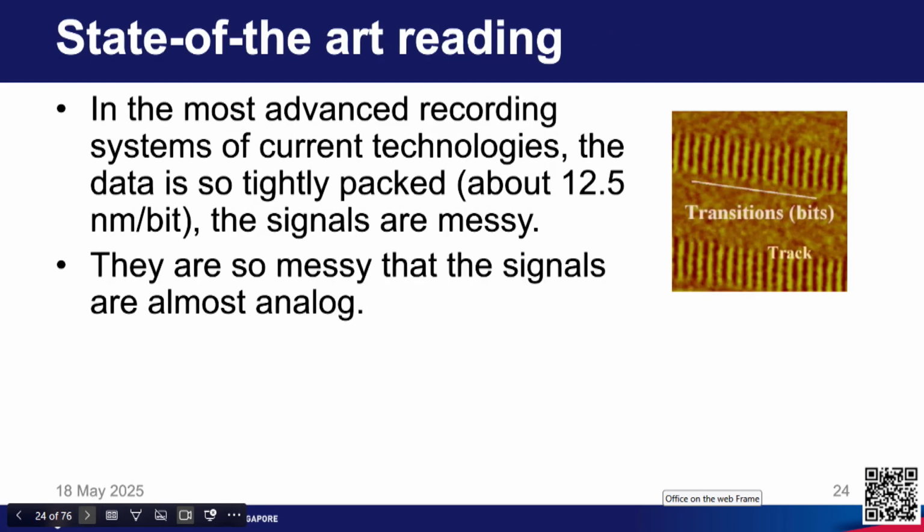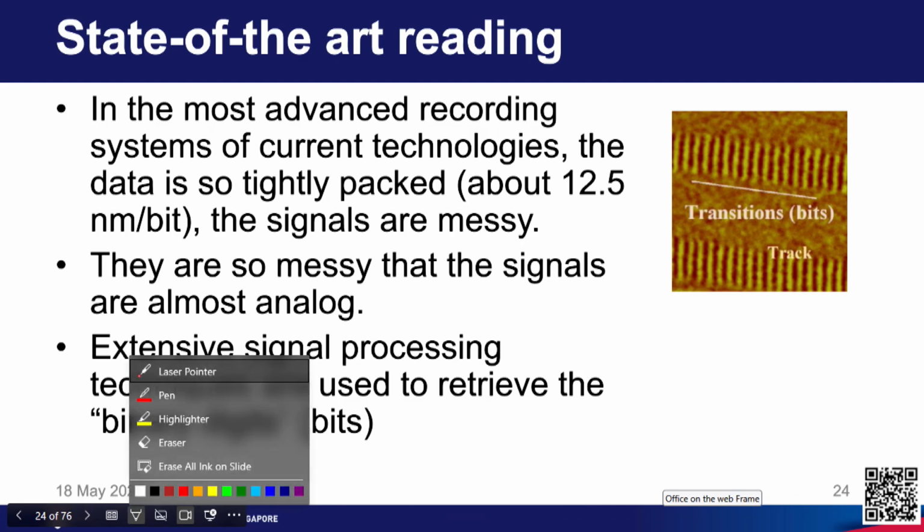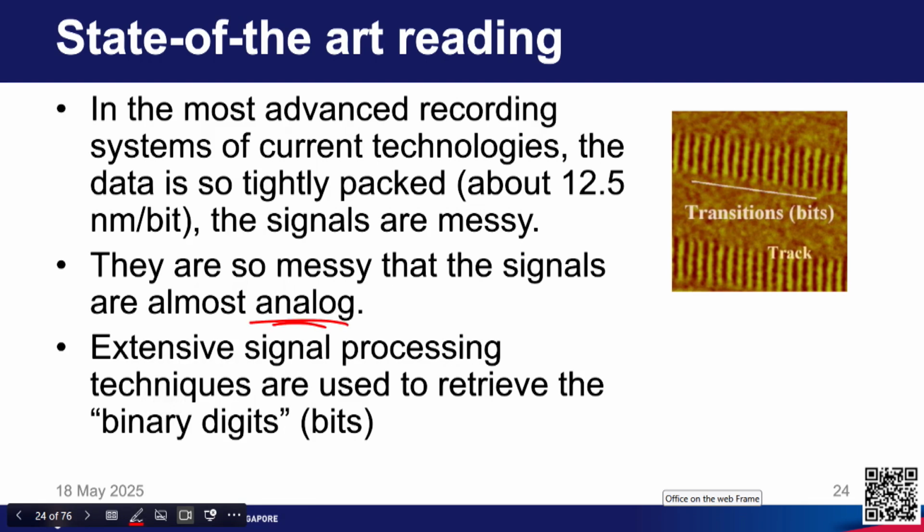In current technology the signals are so messy that they are almost like analog. So people use a lot of signal processing techniques to retrieve the bits, the binary digits, from this almost analog signal. This answers the question asked by Moditma.